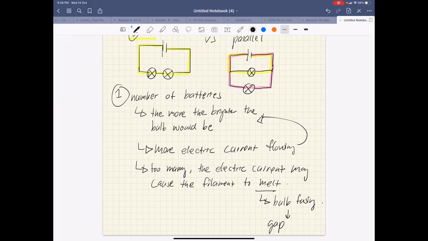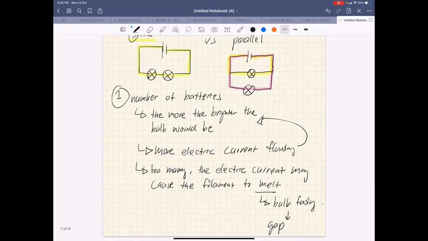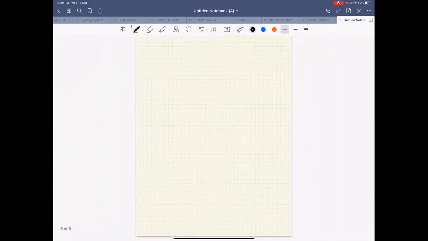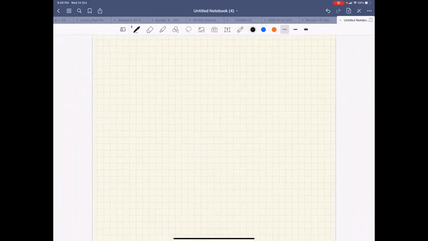Now, the next thing. With more batteries in a series circuit, the bulb becomes brighter. However, if you add more bulbs, the second variable, when you have more bulbs in a series arrangement, it actually becomes dimmer.